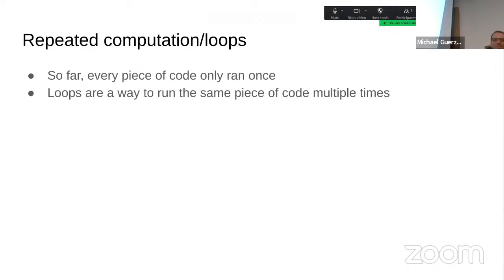So okay, let's talk about repeated computation, or as it's known, loops. So far, every piece of code that we saw, with one tiny exception, only ran once. Loops are really a way to make computers useful by repeatedly running code so that you can compute things that are not straightforward to compute using just a calculator.